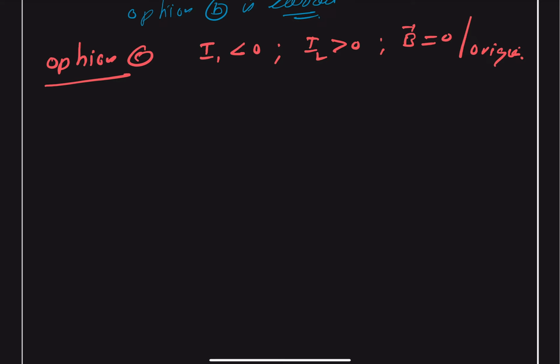So current direction due to wire at x equal to plus r will be minus of j.